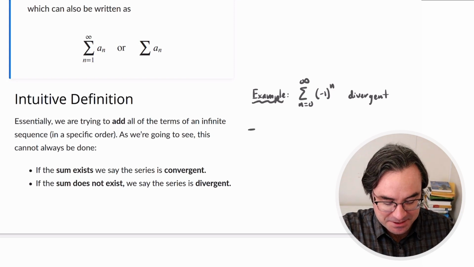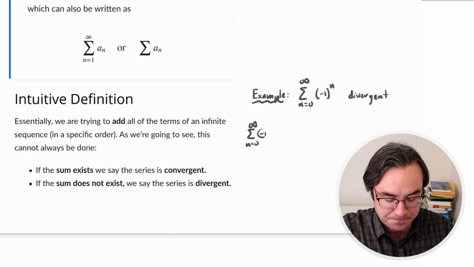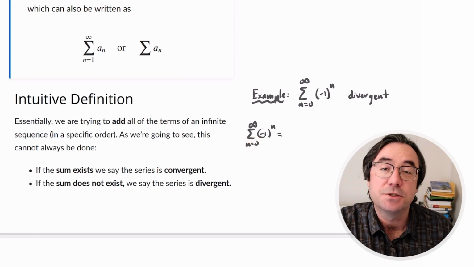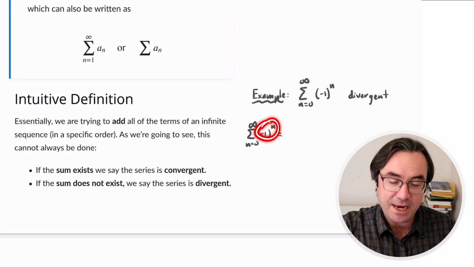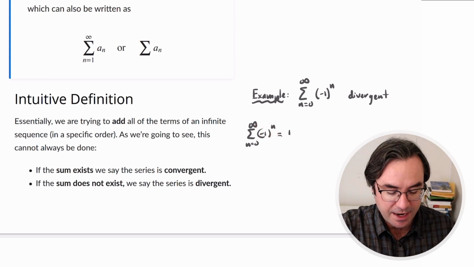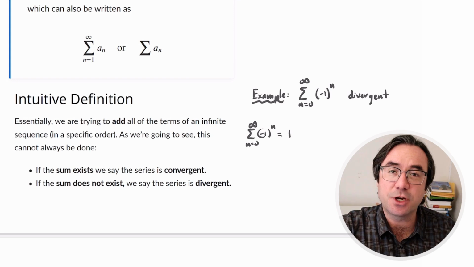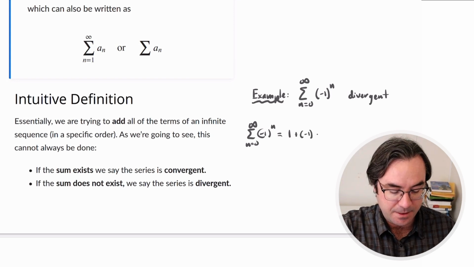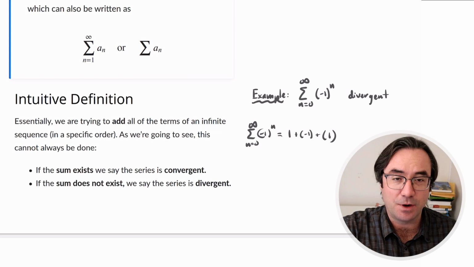Let's write out the first few terms of this series. We're starting with n equals 0, so when n is 0, negative 1 raised to the 0 power is 1. So we have 1. The next term is negative 1, so we add in negative 1. Then the next term is back to positive 1, so we add in positive 1.